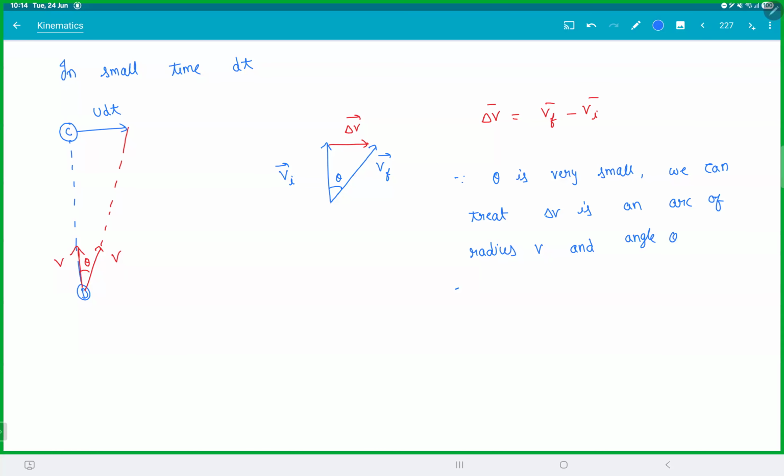That is the whole advantage of dt terms. So this is v, this is v, this is theta. So this thing will be v d theta. And you're saying this is also equal to delta v. So delta v is equal to v d theta.